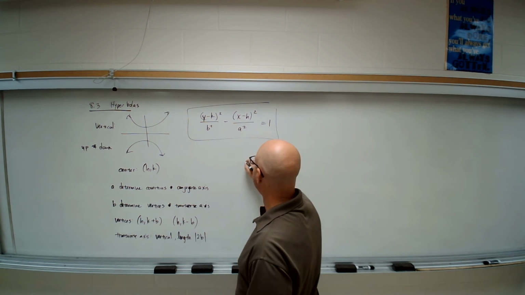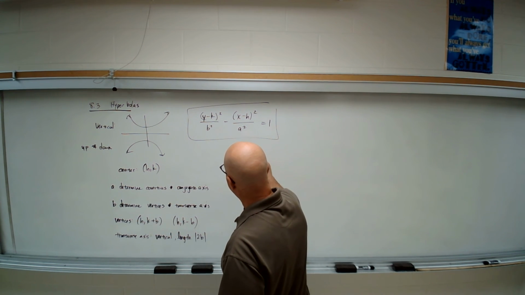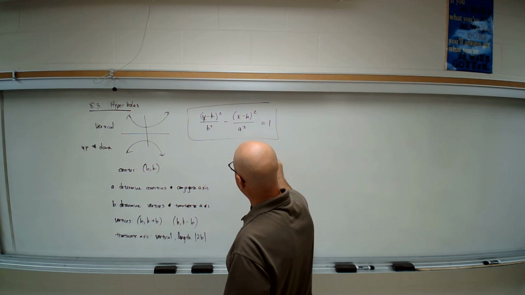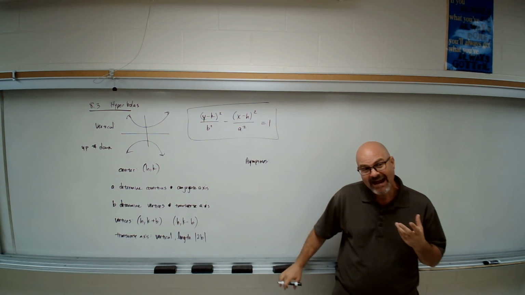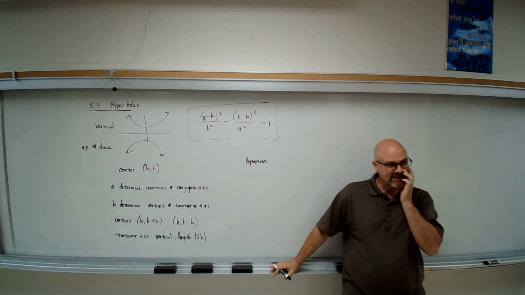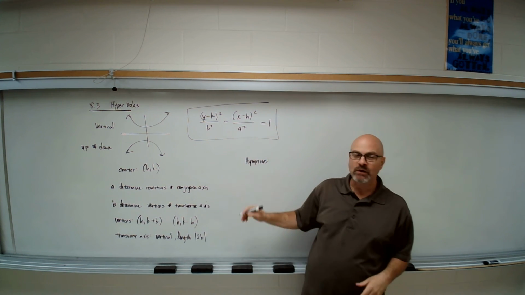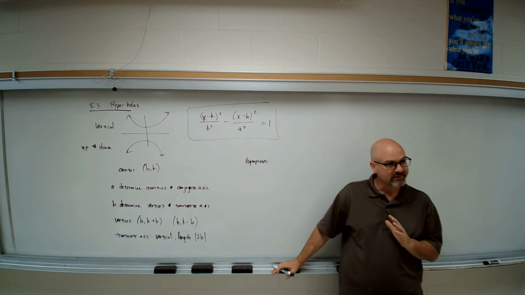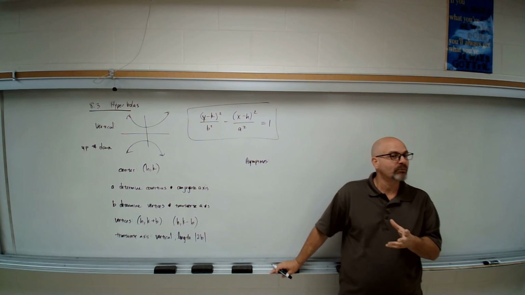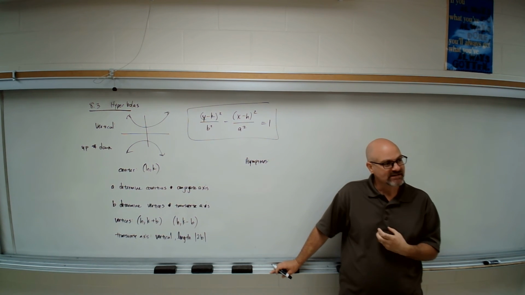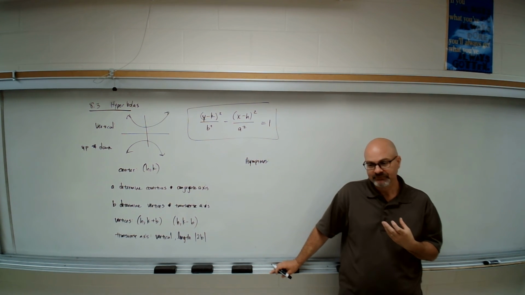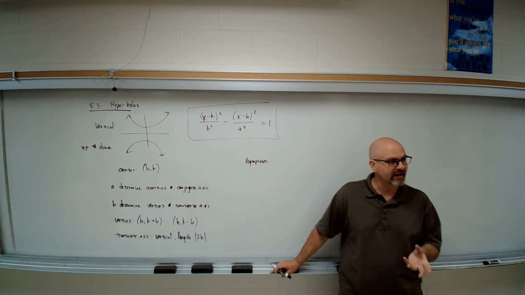Now our asymptotes. I have seen textbooks where they'll switch where I have a squared and b squared. I don't, mostly because I like to always have the same equation for my asymptotes. I always want it to be plus or minus b over a is the slope.